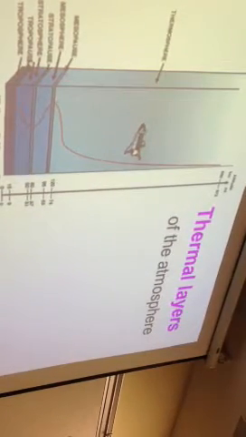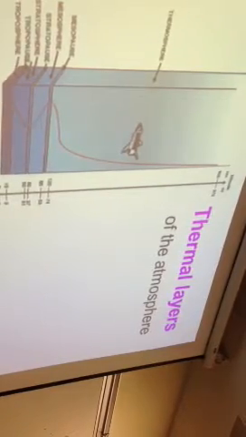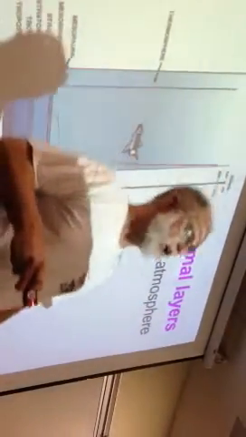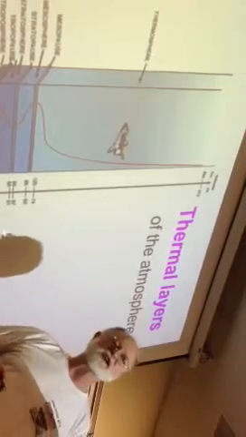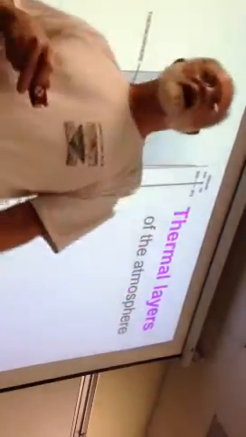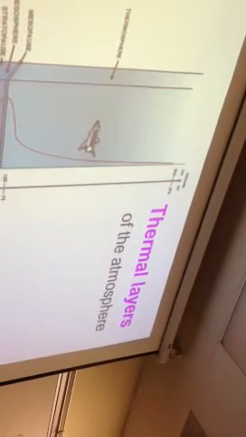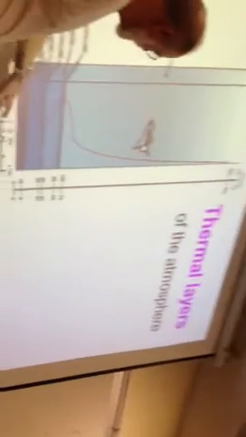Blowing atoms apart and creating ions. So what do we need to know about the thermosphere? That is where atoms convert to ions and protect the Earth from the most intense rays of the sun. The X-rays and the gamma rays.